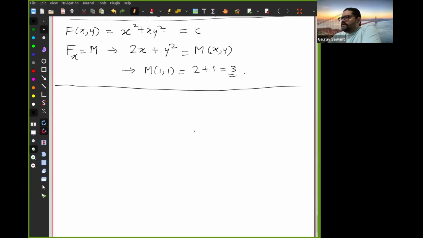So let's talk about some integrating factors. We will try to find these out and take a problem on integrating factors.